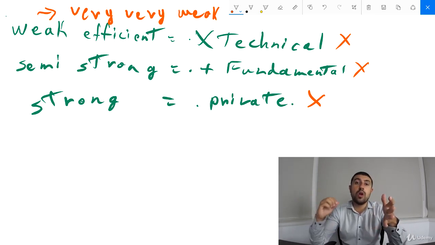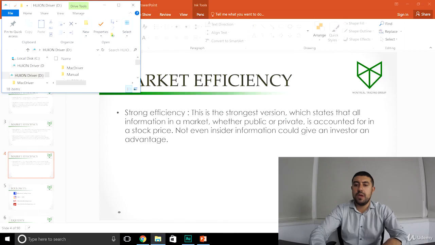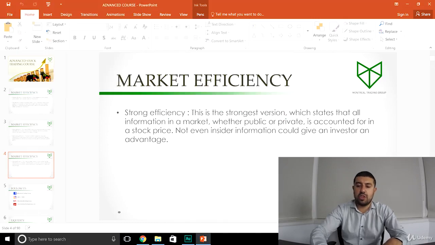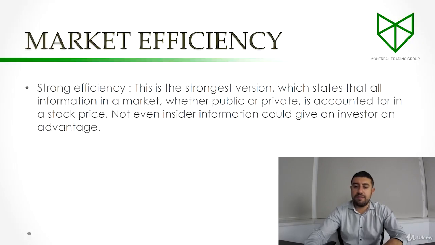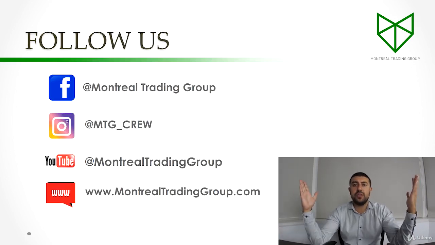So there are a lot of mispricings in the stock market, inefficiencies that we as traders want to capitalize on, taking advantage of these mispricings and of the corrections that happen following them. Okay, so that's just a little bit of talk about market efficiency, and that should be it. So guys, I'm gonna see you in the next lecture.